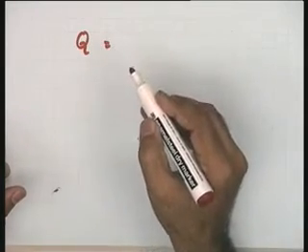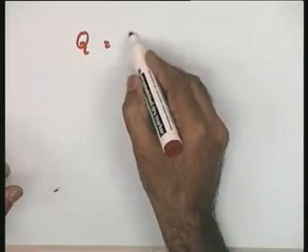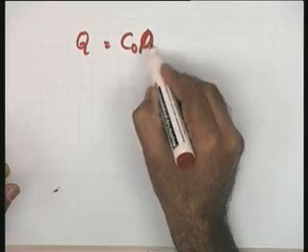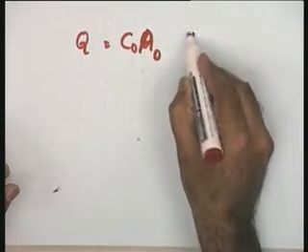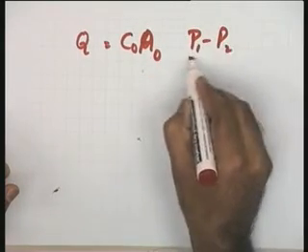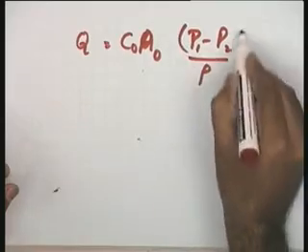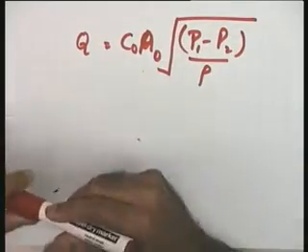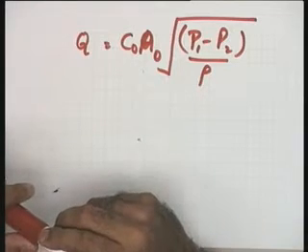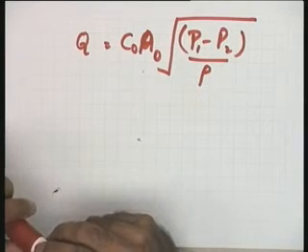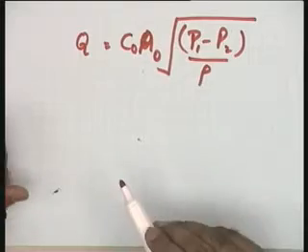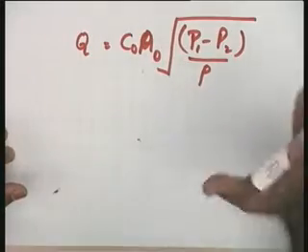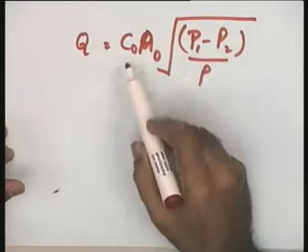A standard mathematical model for this type of behavior is q, the flow, equal to C naught A naught under root of P1 minus P2 divided by rho, where rho is the density of the liquid, A naught is the orifice area, and C naught is the orifice coefficient.